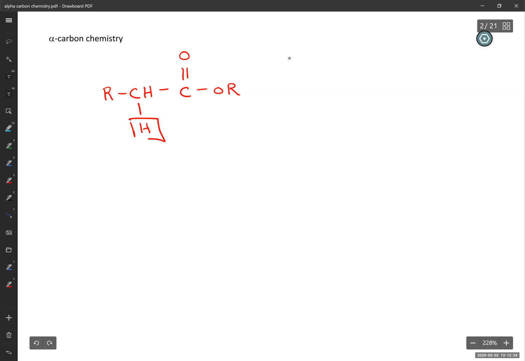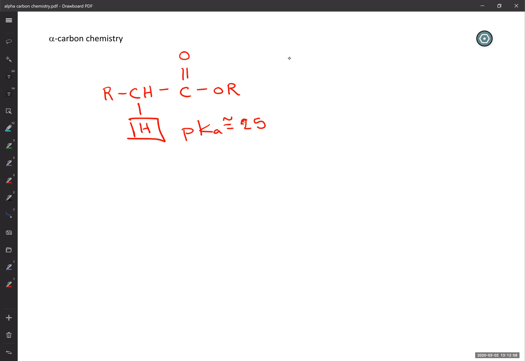This is the hydrogen that I'm looking at. Aldehydes and ketones are 15, 16. Esters are around 25. That's the pKa. That's similar to acetylenes, which are 25, right? So you can pull that hydrogen off using very strong bases.